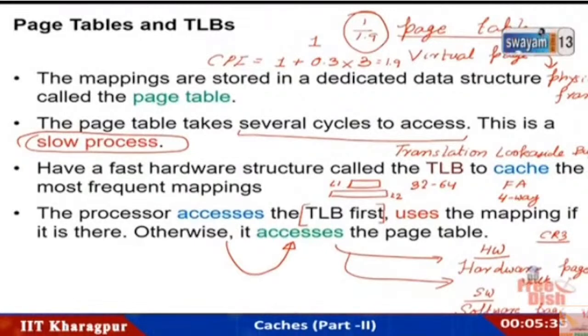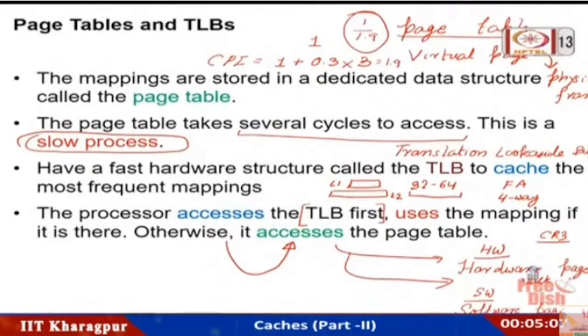It doesn't matter how it is done, but ultimately the mapping has to come from the page table. If there is no mapping, one such mapping has to be created, and then the TLB has to be populated. The TLB is a fast structure, a cache for the page table, and it's an entirely hardware structure. It typically contains 32 to 64 entries, at least the level 1 TLB, and it's normally a 4-way set associative structure.